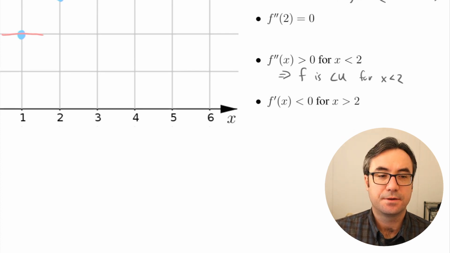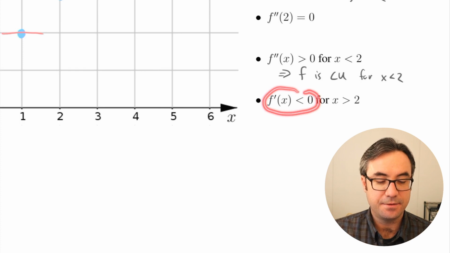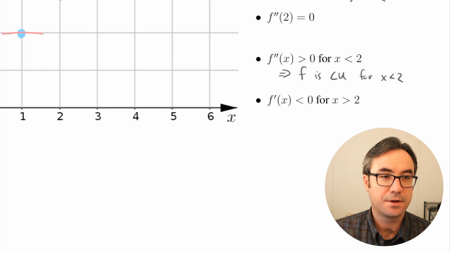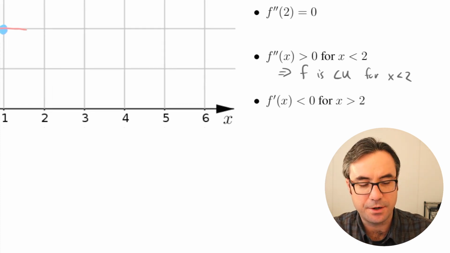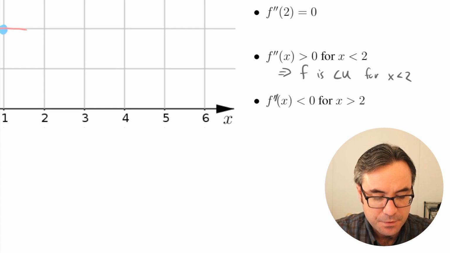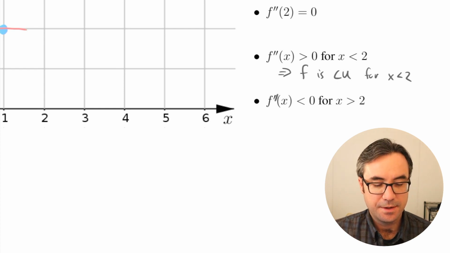And the last property tells us that the first derivative is... I think this is a typo here in the notes. This should be the second derivative.